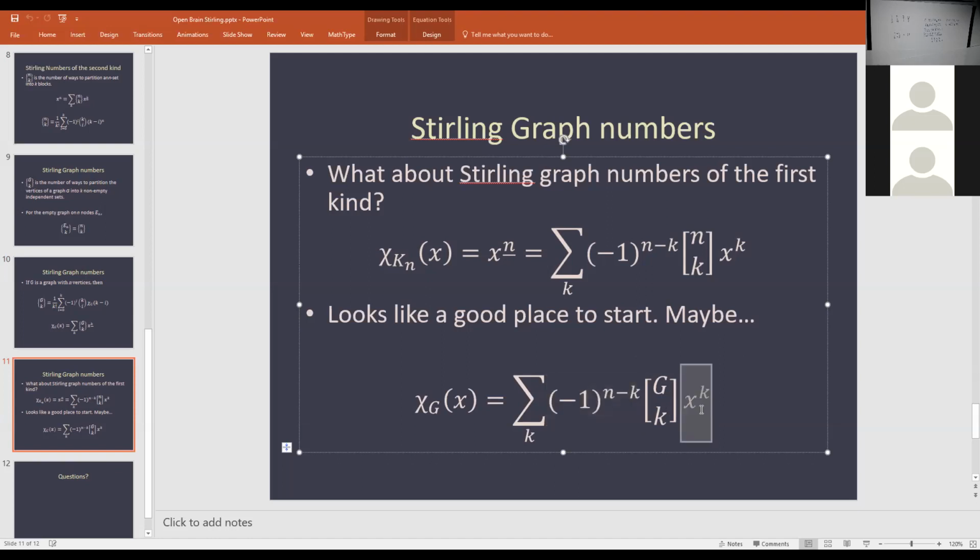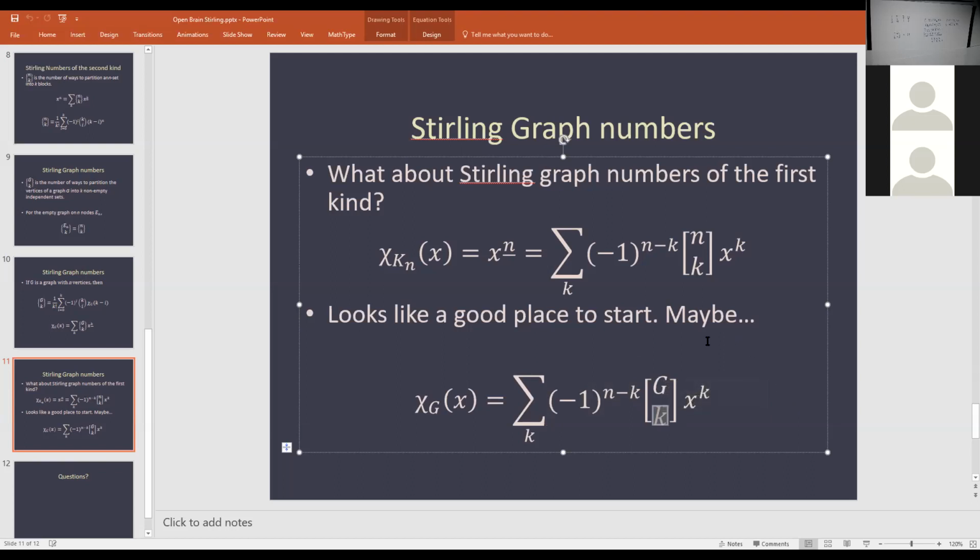So the coefficients, remember, of your chromatic polynomial, when you write it out, have to have consecutive powers, right? And they have to have alternating signs.